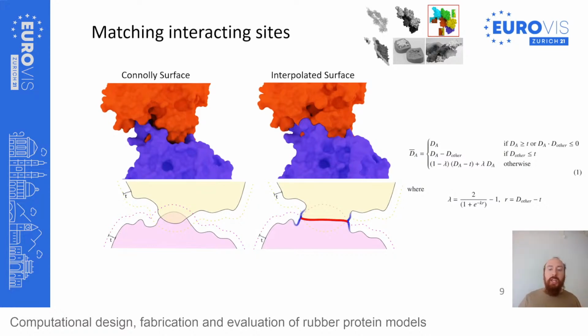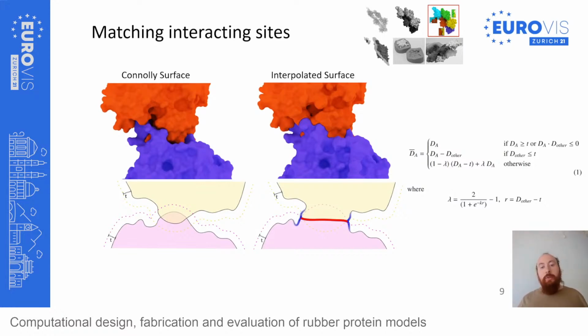As you can imagine, this T parameter in a way controls how the interpolated surface will look. If you set T to lower values, it will look more like the Connolly surface, while setting T to higher values, you will end up having smoother and also wider interaction sites, making the assembly even easier and more intuitive, but disrupting more of the original surface.